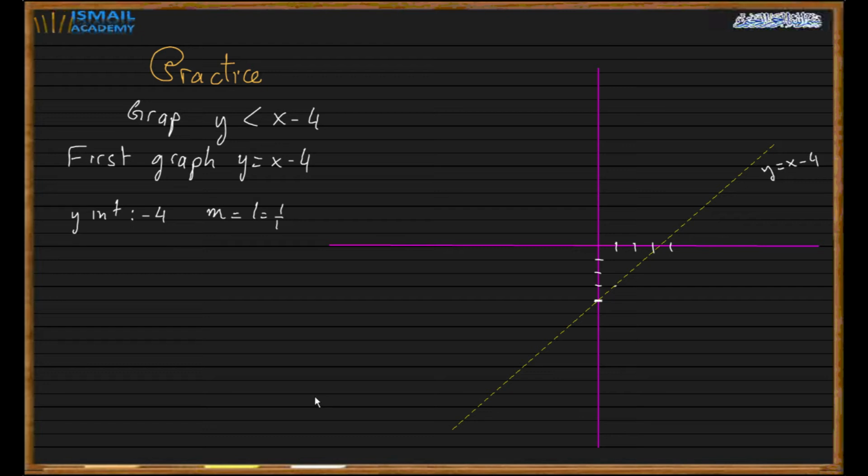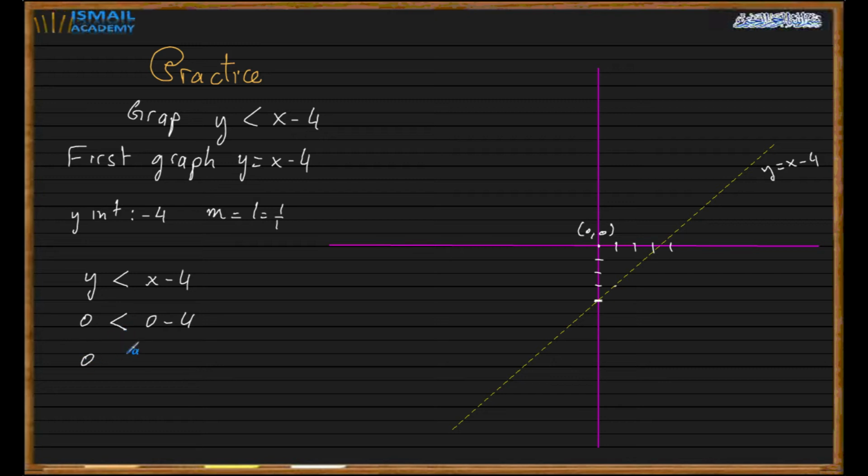Now let me check which part I'm going to shade. I'm going to pick the point 0, 0 and plug it into the inequality y is less than x minus 4. My x is 0, minus 4, and my y is 0.